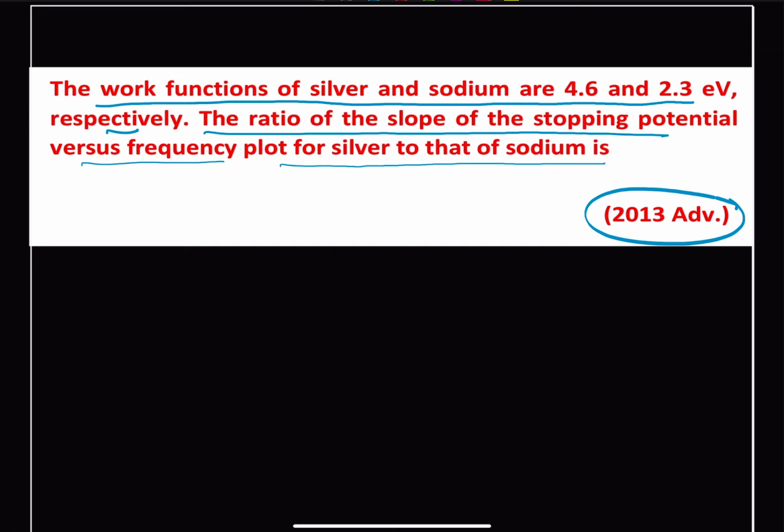In terms of slope intercept form, we can write the equation for our stopping potential.